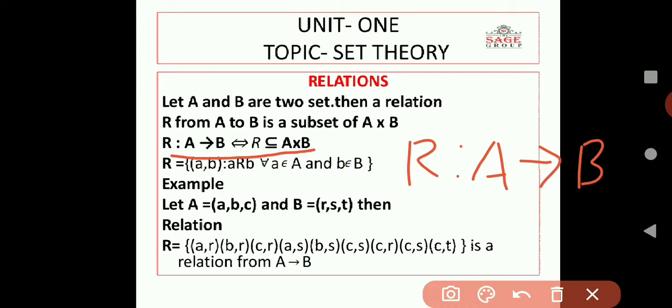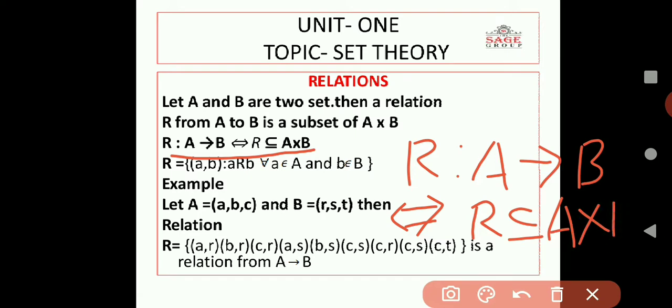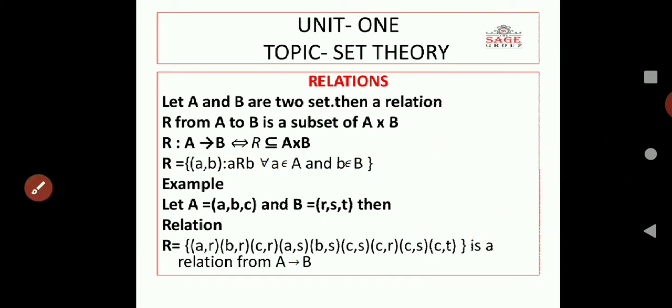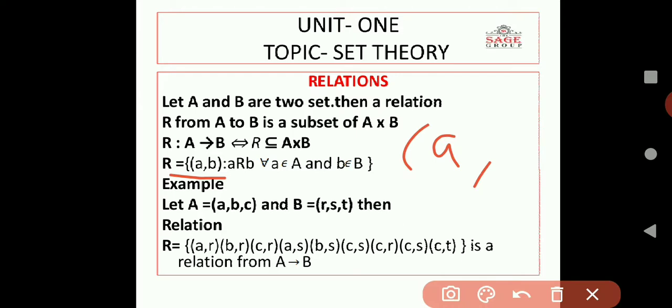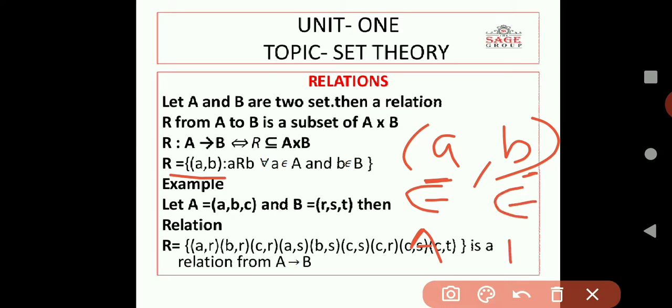So R is a relation from A to B if and only if R is a subset of A cross B. And the meaning of A cross B is the set of ordered pairs (a, b), where small a belongs to A, and small b belongs to B.